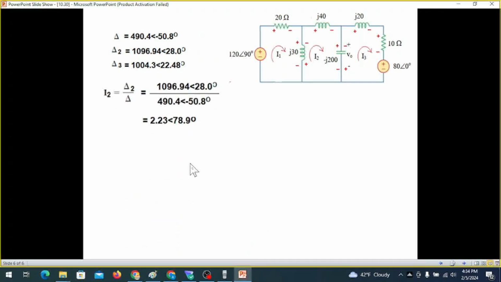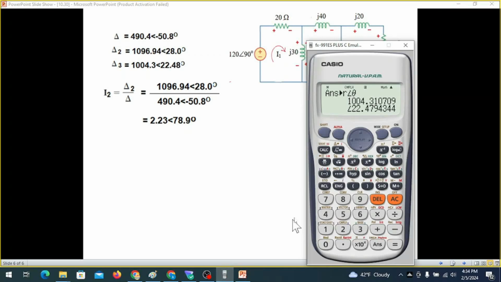So all these three values we have calculated, and now we can put them in the formula. I0 will be delta 2 over delta, so this is delta 2 and this is the value of delta, and by solving you can again clear.